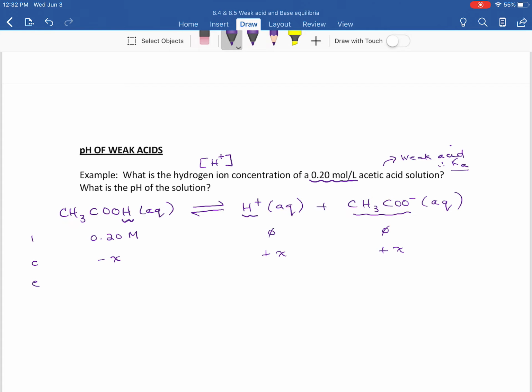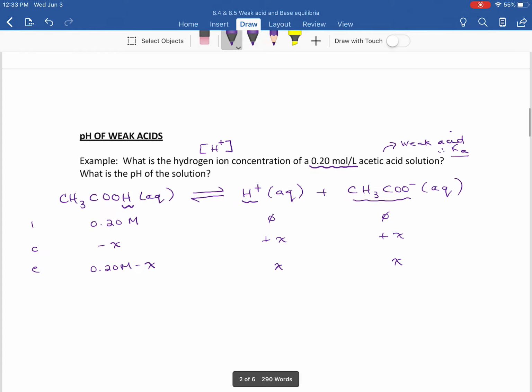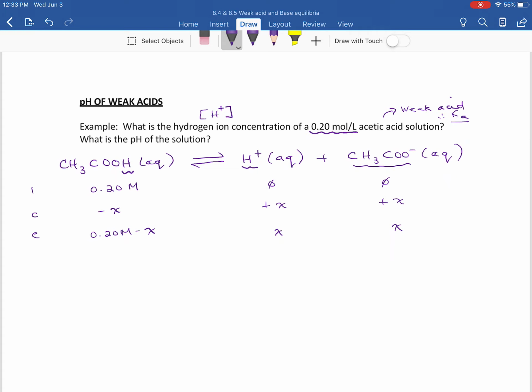Then my equilibrium concentration, which is what we're looking at for Ka, is the change. So 0.2 molar minus X, 0 plus X, and 0 plus X, okay? Now we get to have some fun, all right? Step 1 was make my ice table.